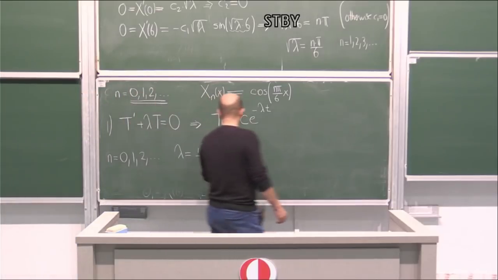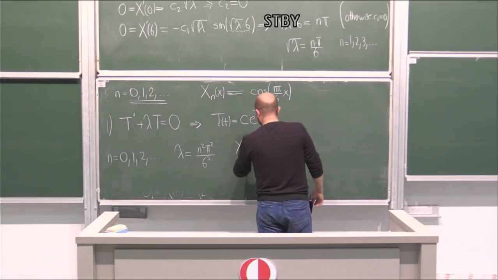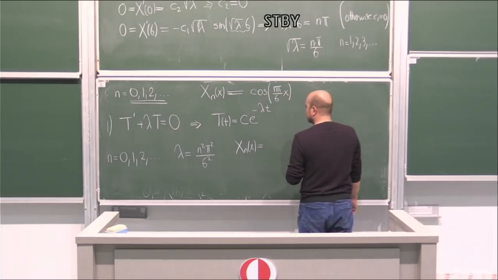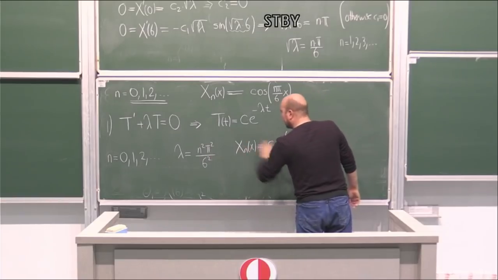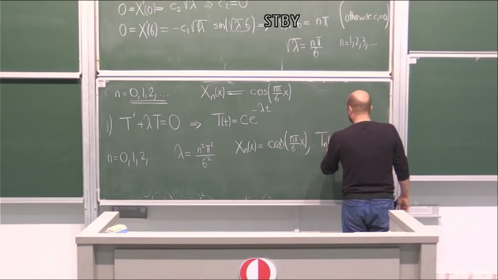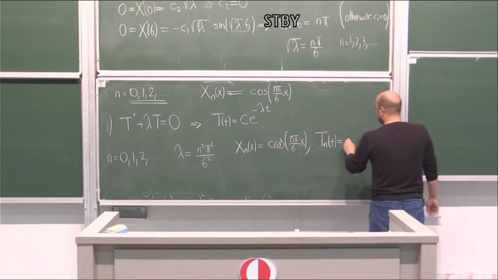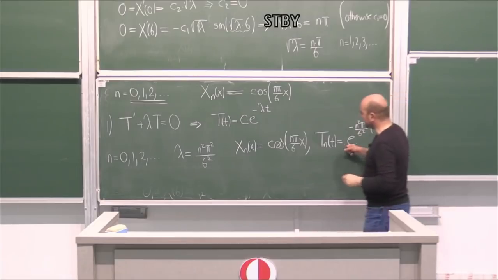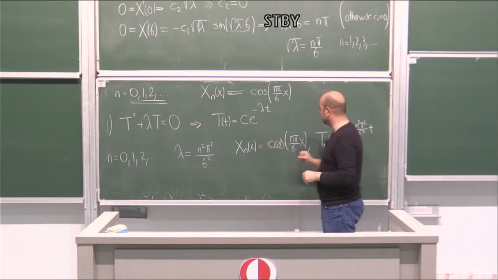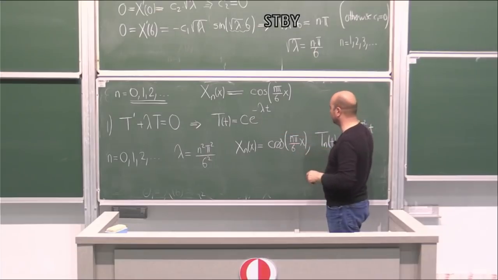In this case, X_n, the solution for X, is going to be cosine n pi over 6 x. And for this n, we need to solve T, and T will be e to the minus n square pi square over 6 square t. So again, any multiple of this is a solution because you are solving a homogeneous equation.